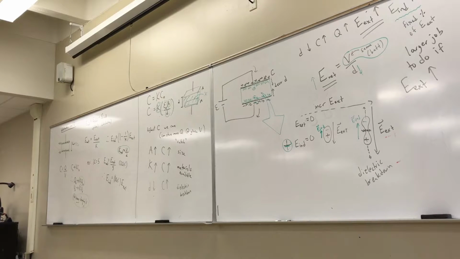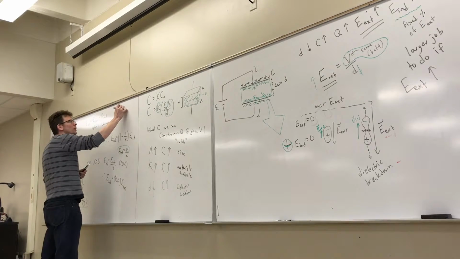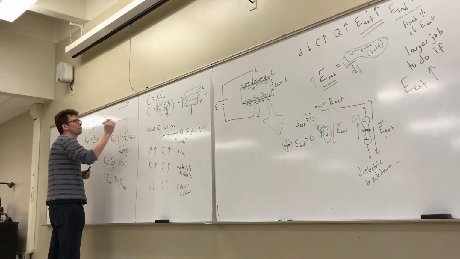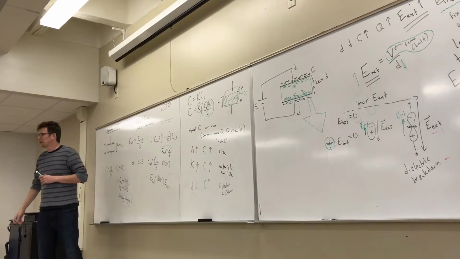A prime example of this is lightning. Lightning is dielectric breakdown. Okay? What do you have? You have a powerful electric field created between the cloud and the ground. And that field is very similar, basically, to a parallel plate capacitor.